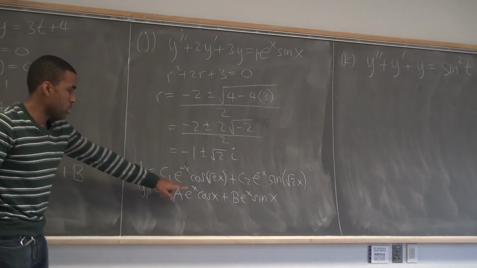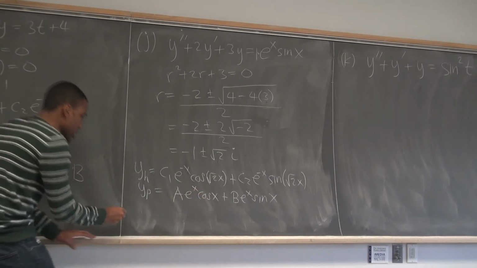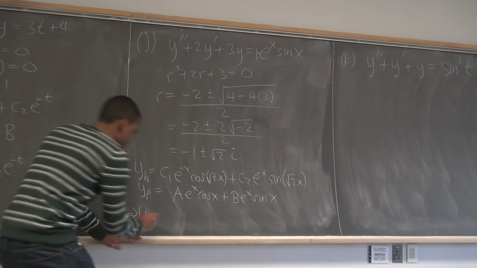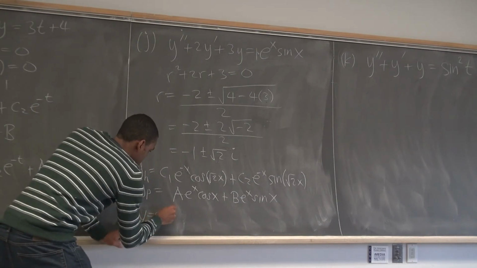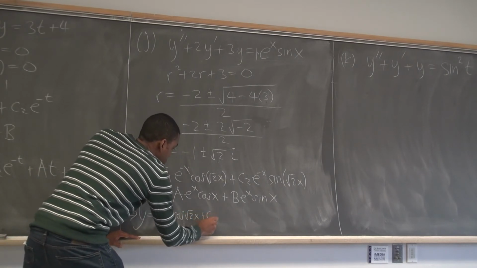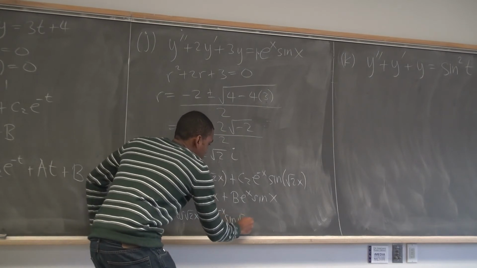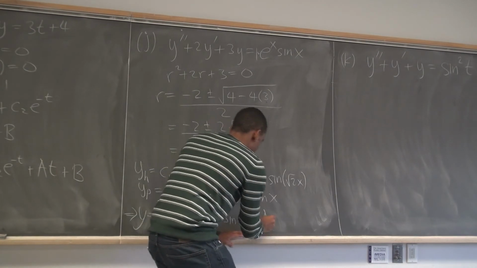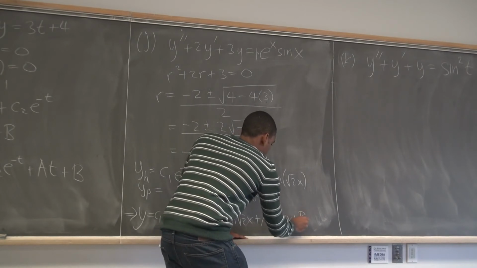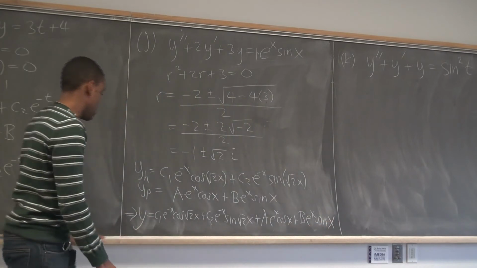And does it overlap? No, I have e to the minus x here, and the cosine is in the angle, so we're completely different. And it's safe to assume y is just the sum of these two. So it's going to be c1 e to the minus x cosine radical 2x plus c2 e to the minus x sine radical 2x plus a e to the x cosine x plus b e to the x sine x, which will be our general solution.